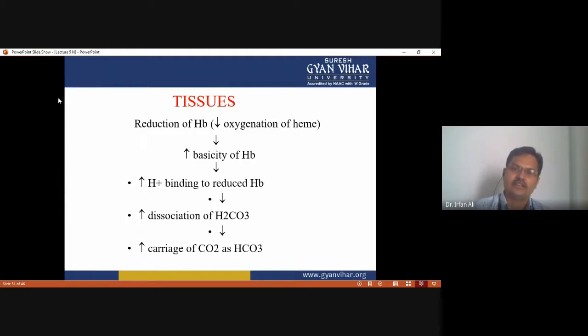It decreases oxygenation of heme, that increases basicity of hemoglobin and increases hydrogen ion binding to the reduced hemoglobin, and this increases the dissociation of carbonic acid into the hydrogen ion and bicarbonate ion, and this increases the transport of carbon dioxide as bicarbonate ion.